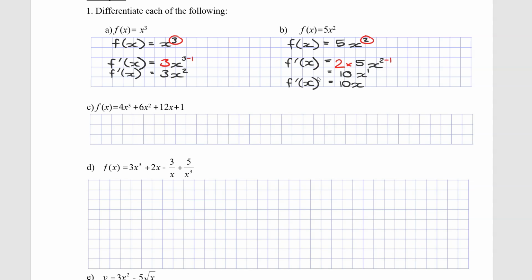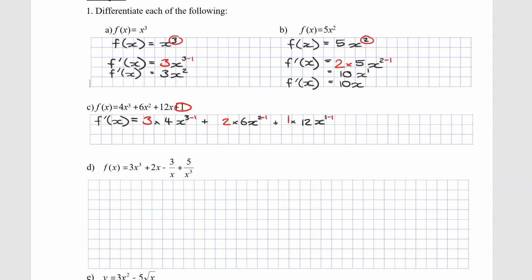Alright, using our simple power rule and the sum of all of these terms, we can say that f dash of x will be, say, 3 times 4x to the 3, take 1, then 2 times 6x to the power of 2, and then take it down a notch, plus 1 times 12x to the 1, take 1, and then we've got this floating constant here.